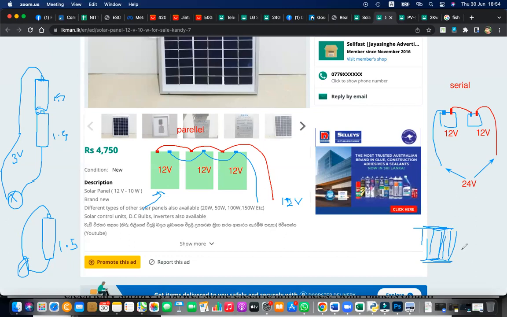We can call that water flow the amperage. If the river is narrow, let's measure this in amperage. Then which has less ampere, this one or this one? Right side or left side? Right side. Yes, the right side has more ampere.